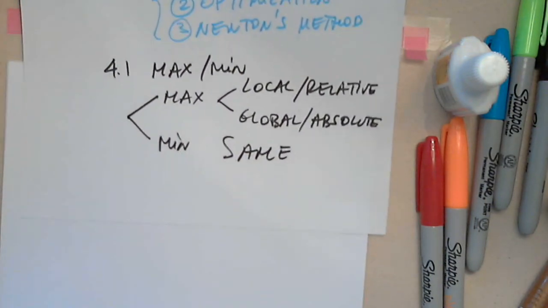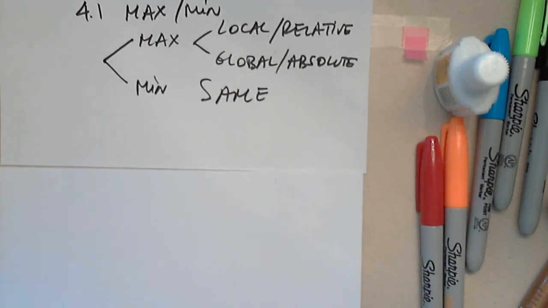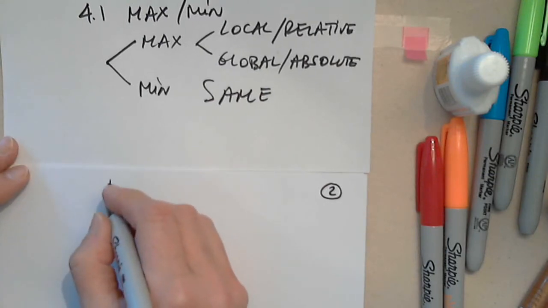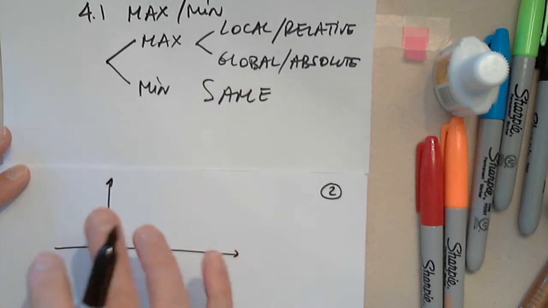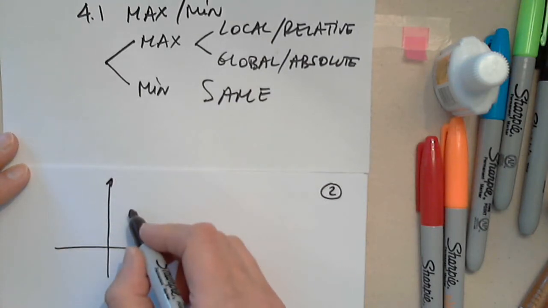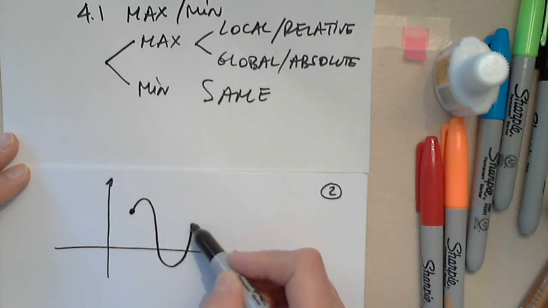So let me just give you a couple of examples. What is local? What is global? What's the difference between the 2 of them? Let's suppose, and we're going to look at the graph in a minute, this is just a simple situation. Let's say we have a graph that looks like this.